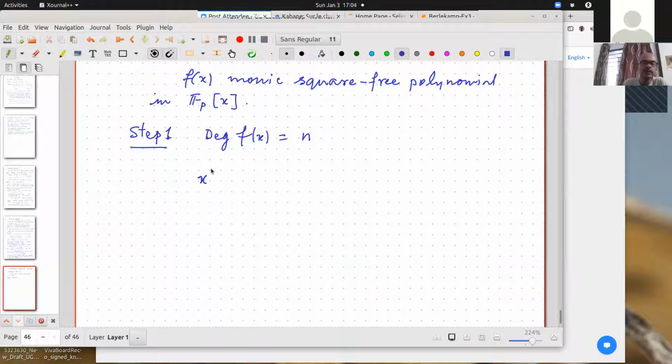Then we look at these powers x to the ip, where p is the size of the finite field, and reduce it modulo f(x). So for 0 less than or equal to i less than or equal to n minus 1, so i is running from 0 to n minus 1.